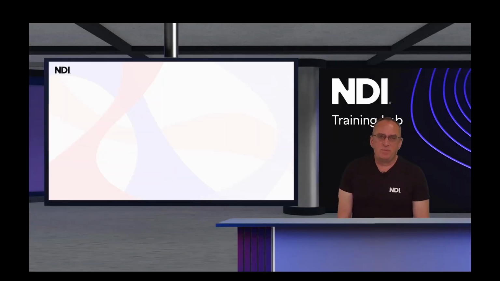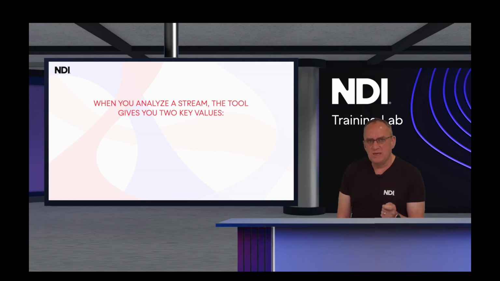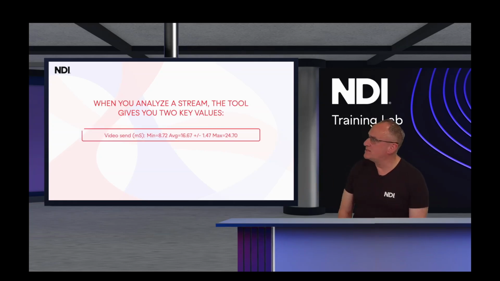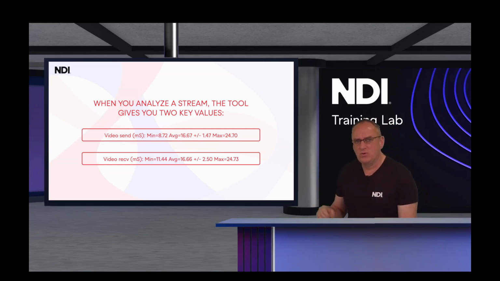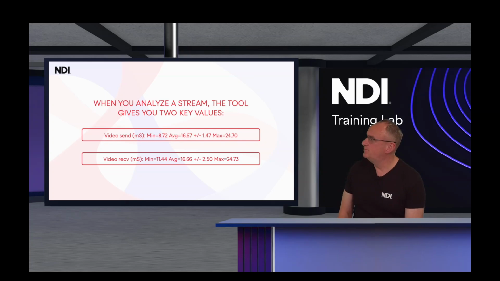Now let's dig into the most powerful part of NDI analysis, the timing metrics. When you analyze a stream, the tool gives you 2 key values that look like this. These lines contain everything you need to evaluate the health of your NDI stream and, most importantly, to determine when things go wrong.